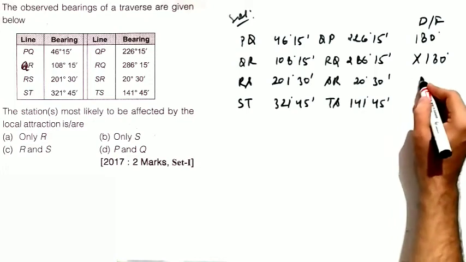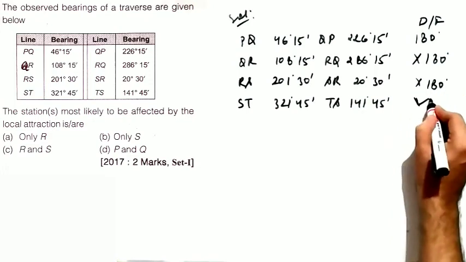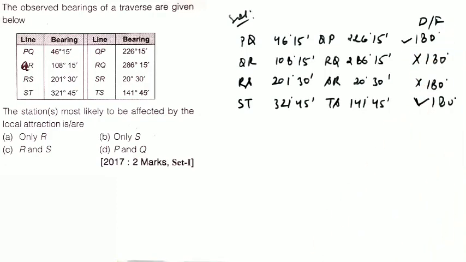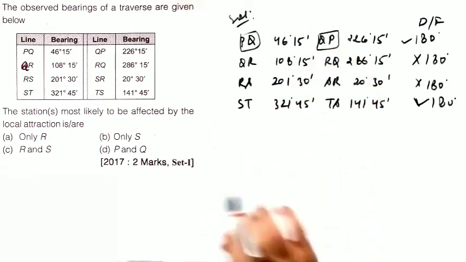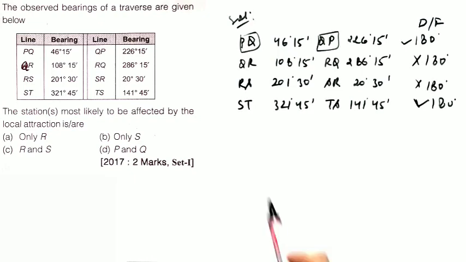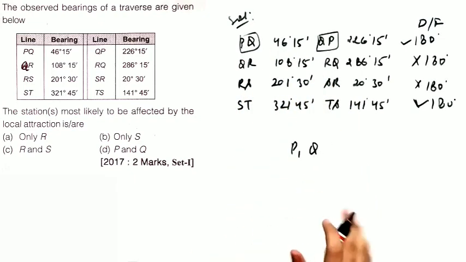Similarly, in this also it is not 180 degree, and in this it is 180 degree. Yes, in this also it is 180 degree. Whenever the difference is 180 degree, both these stations have no local attraction. If any one of them had local attraction, the difference would not turn out to be 180 degree at any cost. So P and Q are free of local attraction.